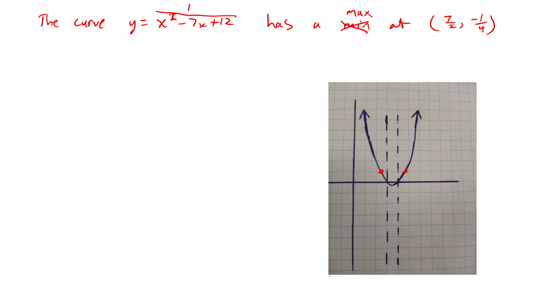The x value will stay the same, but the y value will be 1 over negative 1/4. Now, 1 over negative 1/4 is the same as 1 times negative 4 over 1, which is negative 4. So what we're saying is that there's a maximum at the point 7 halves comma negative 4.